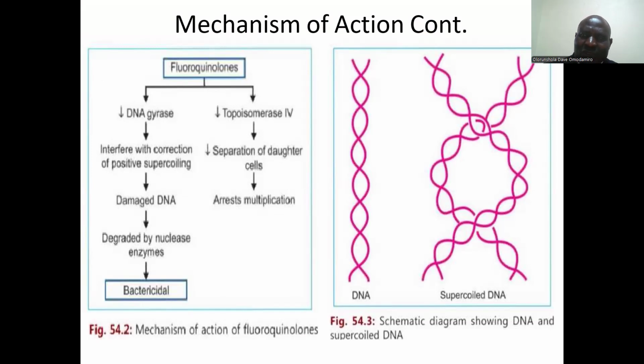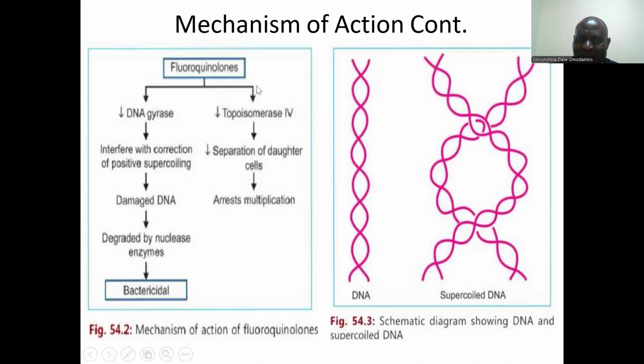Otherwise, the DNA will be fragmented. So once the DNA gyrase is inhibited, damaged DNA will be produced, and that is going to be degraded, removed by another enzyme, nuclease enzyme, and then the organism will die.